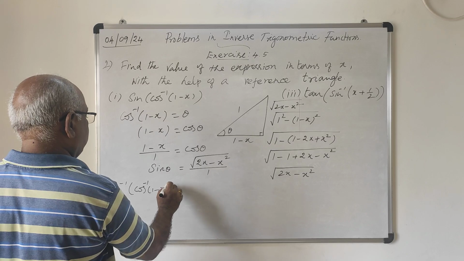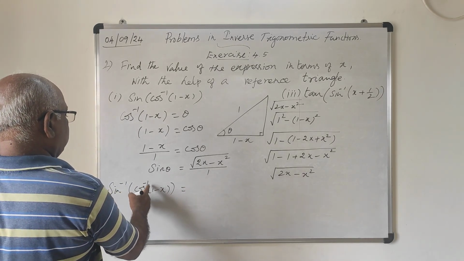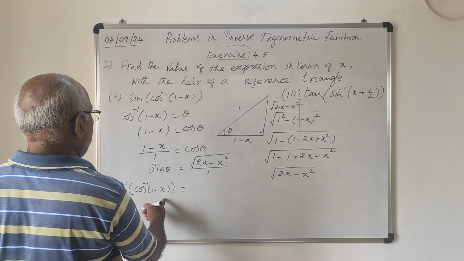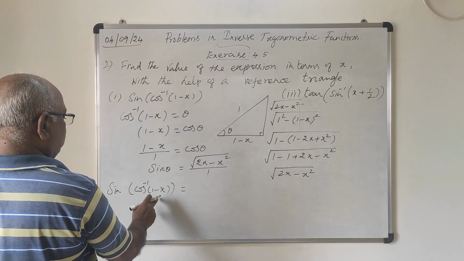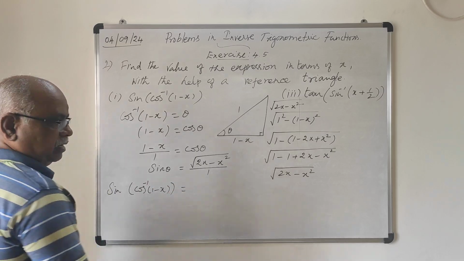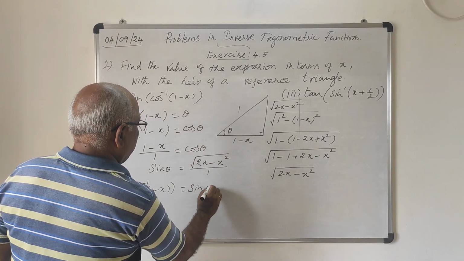Cos inverse of 1 minus x is equal to this theta. You consider cos inverse of 1 minus x as theta, therefore you will get sin only. The problem given is sin of cos inverse of 1 minus x. This is theta we are considering. Therefore, this becomes sin theta.